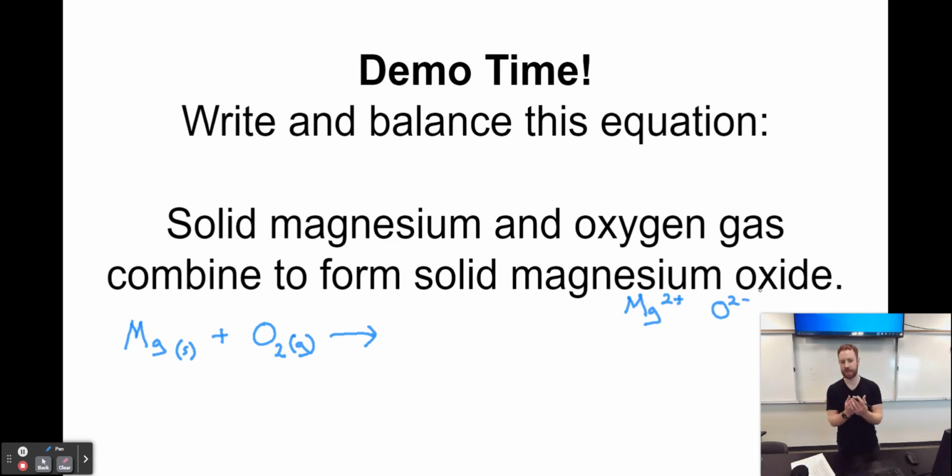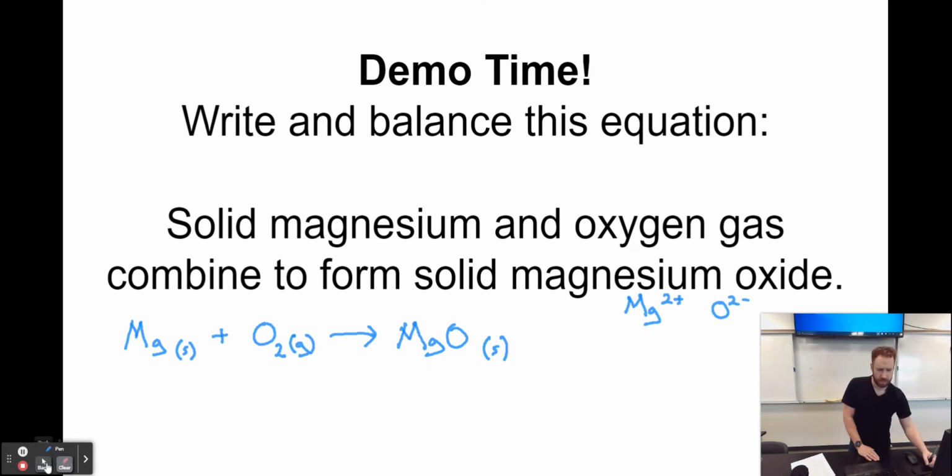So when those things come together, if you cross drop or if you think about how to make it an ionic compound with a neutral overall charge, it's just going to be 1 magnesium and 1 oxygen that come together, because a 2+ and a 2- will neutralize each other. Oh, and it's a solid. So that's how you write this chemical reaction equation.